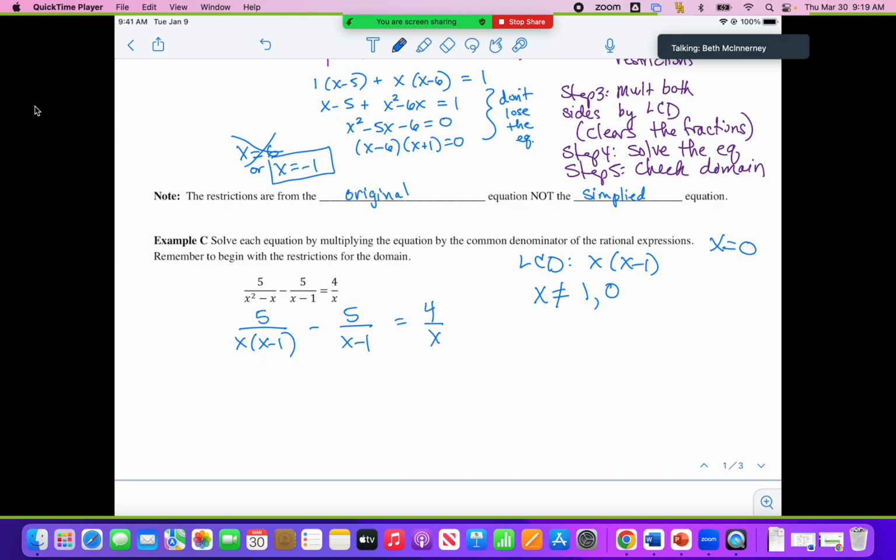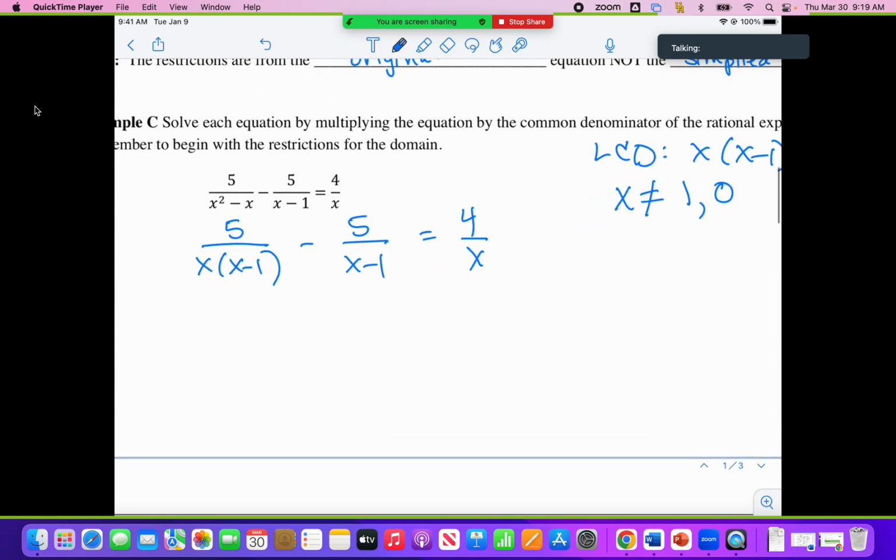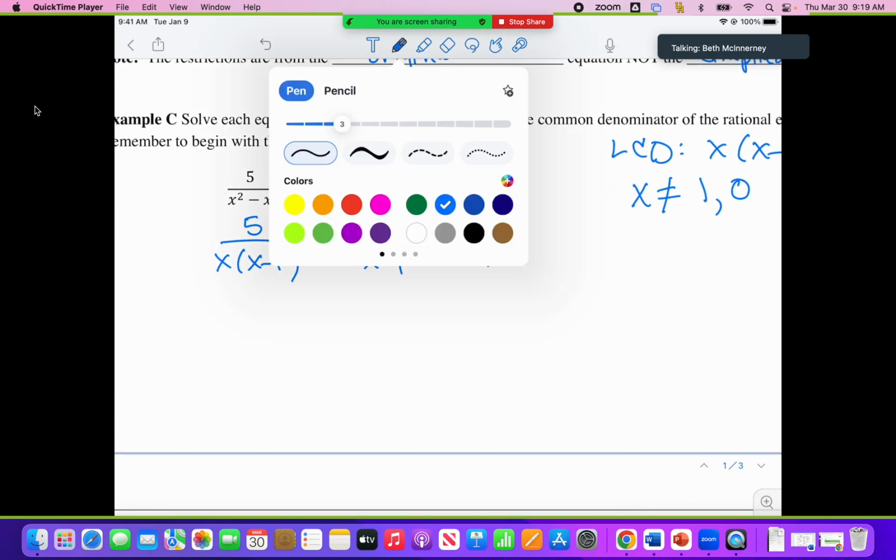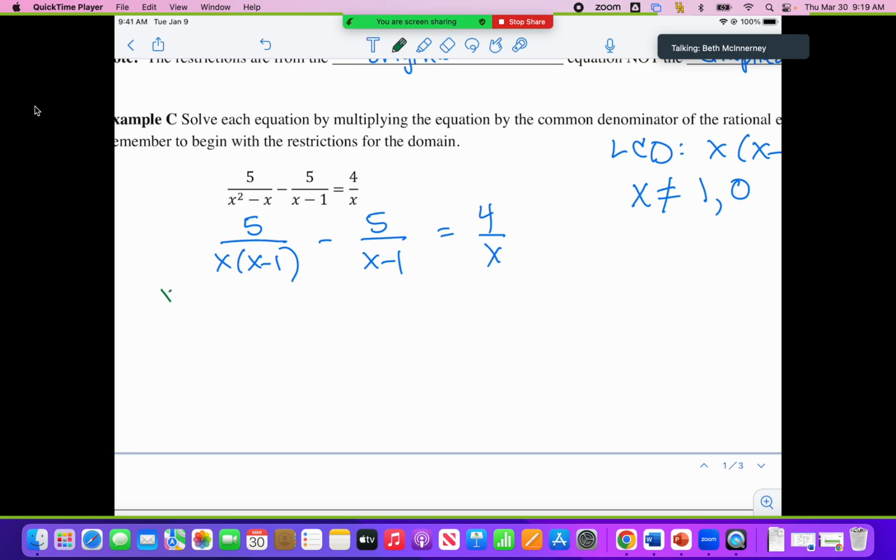All right, then what you're going to do is you're going to multiply, and this time I'm going to do a better job. I'm going to multiply every term by the LCD. And the reason why I do that is in Algebra 1, you learn something called the multiplication property for equations.